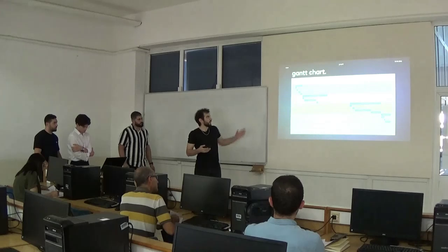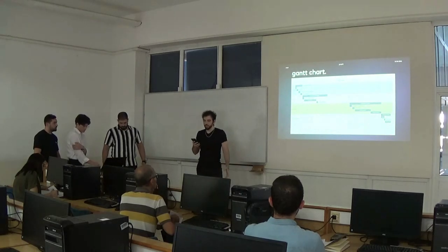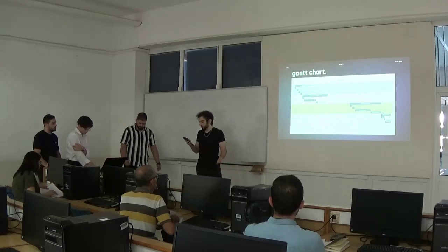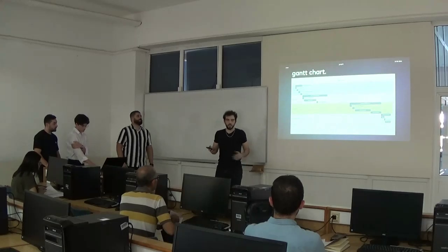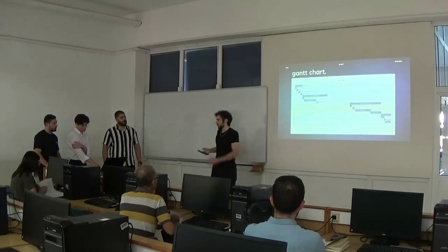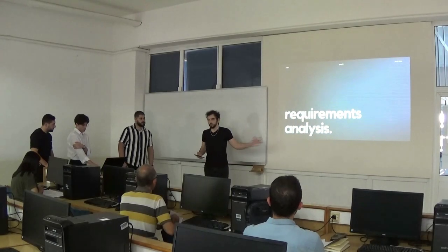So here you can see our Gantt chart. This Gantt chart is a visual representation of our project timeline, which includes phases and milestones, and it helped us keep track of our project management. So now my friend BERKE will continue with the requirement analysis.